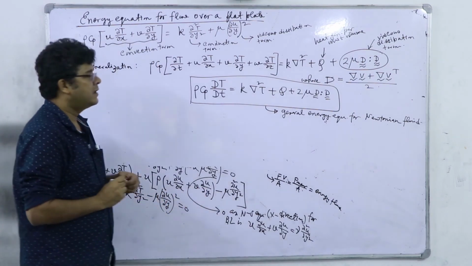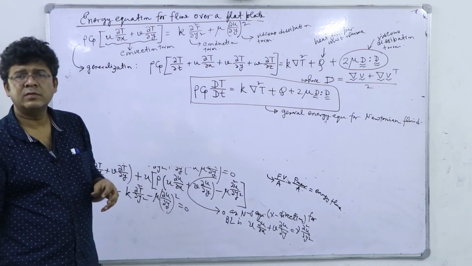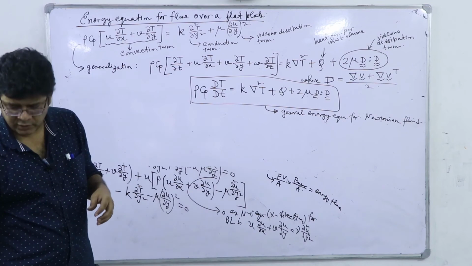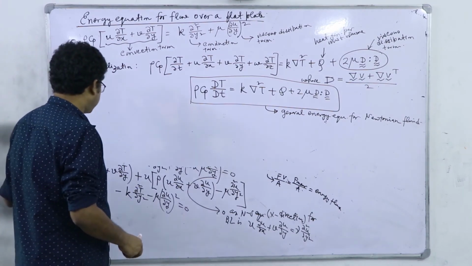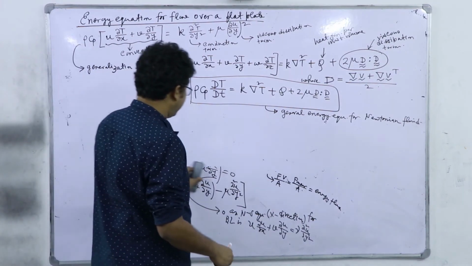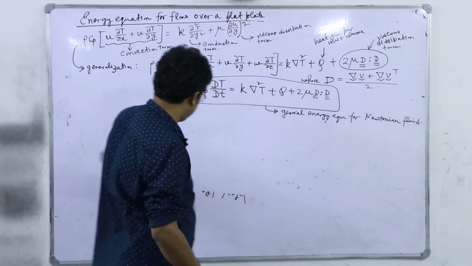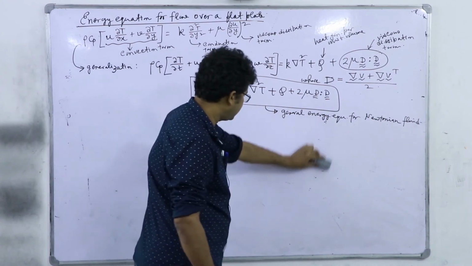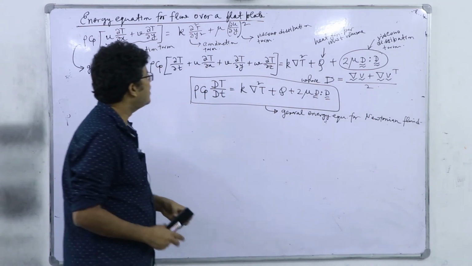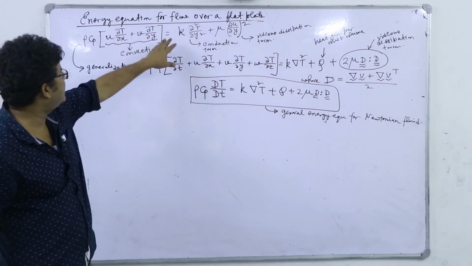Now in most of the cases, what happens is that this viscous dissipation term is negligibly small compared to the conduction and convection terms. So that we can establish from here.